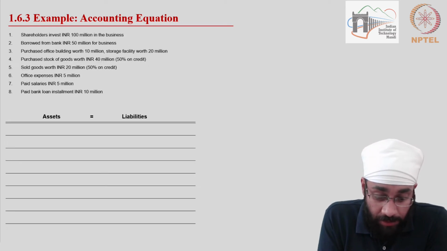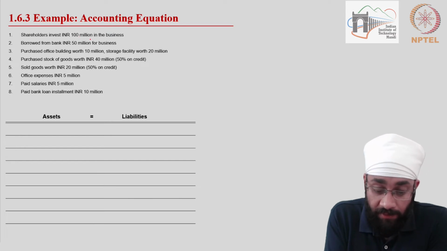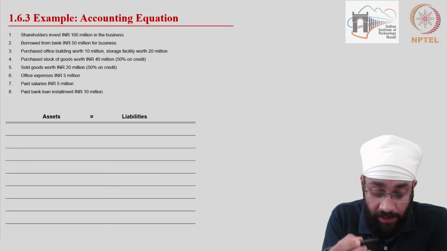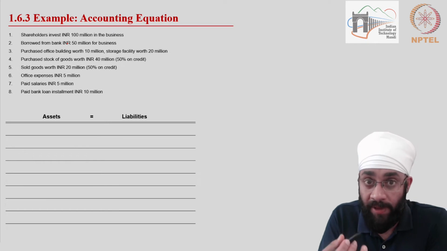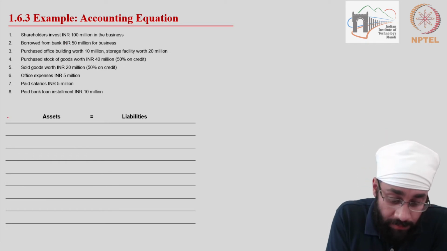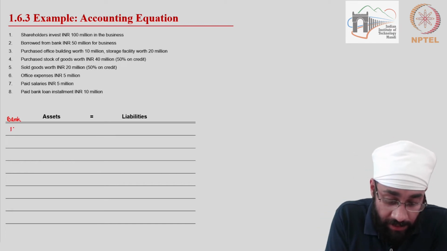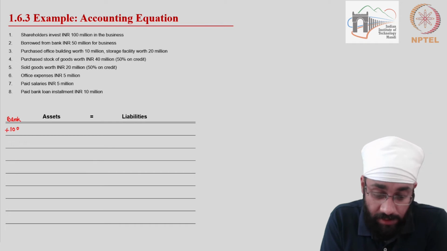So shareholders invest 100 million in the business. Okay, what happens? Shareholders are bringing money into the business. Clearly, money is coming in, so you have bank balance which is going up. So on the asset side, I'm going to write bank balance. This goes up by 100 plus 100.